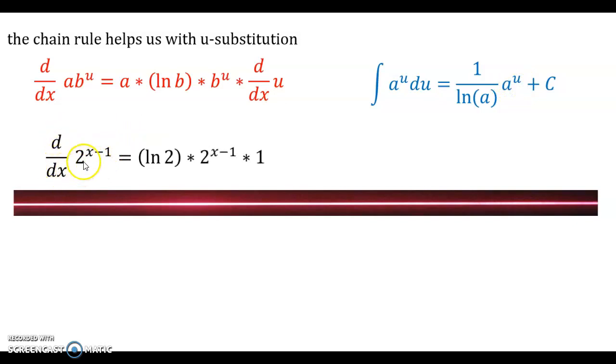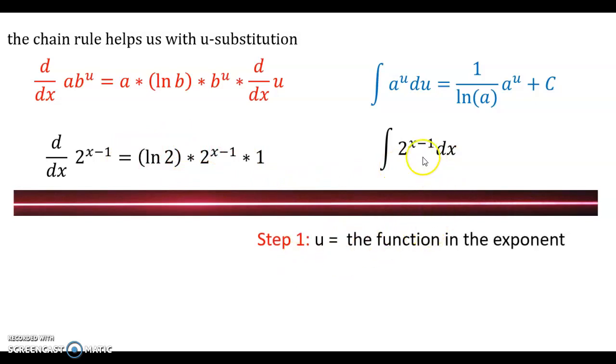For example, the derivative of 2 to the x minus 1 equals the natural log of 2 times 2 to the x minus 1 times 1. So it was chained together. So when we try to take the integral of 2 to the x minus 1 dx, we know we're going to have some extra pieces.